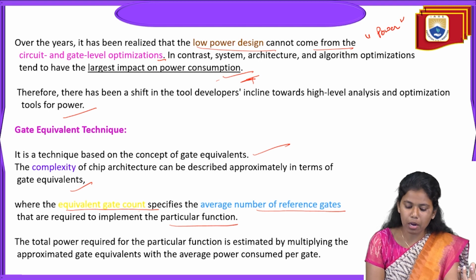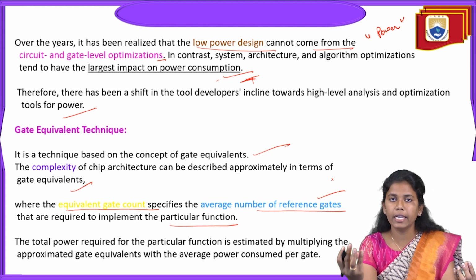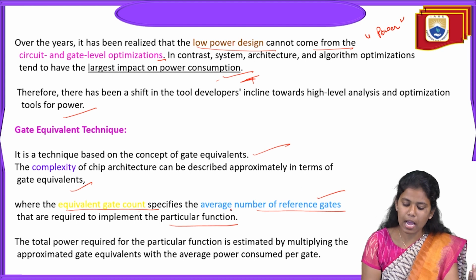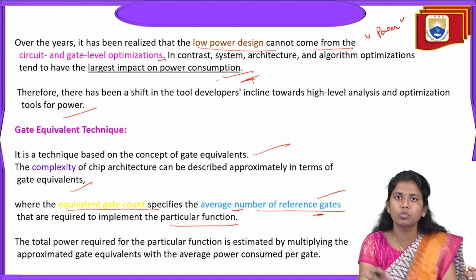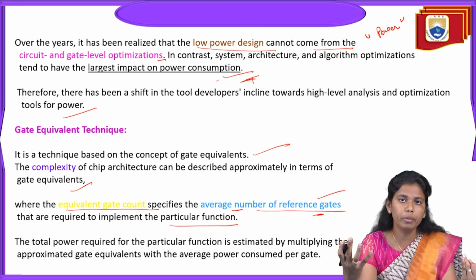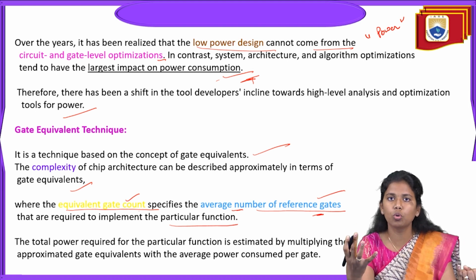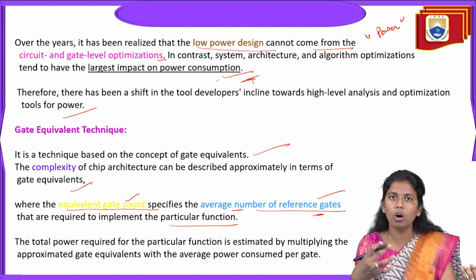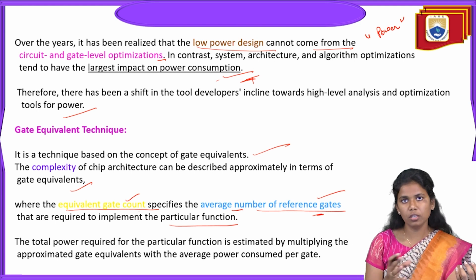Equivalent gate count is one factor, and one more factor is the average number of reference gates. What are the basic gates that you are considering to design some module, how many gates in total are you considering, and how many gates are playing a vital role? All these considerations we have to make and then design a particular digital module.